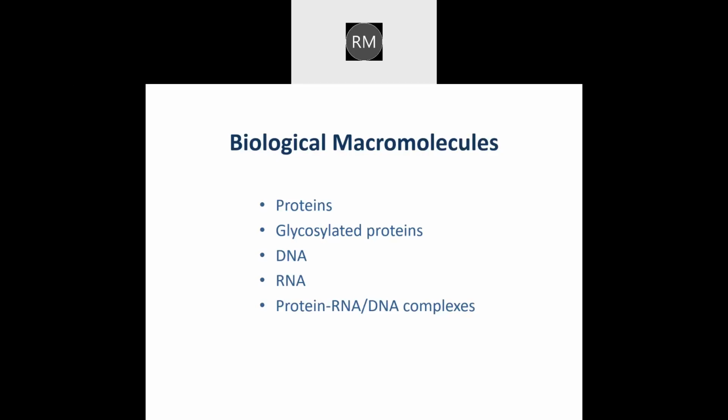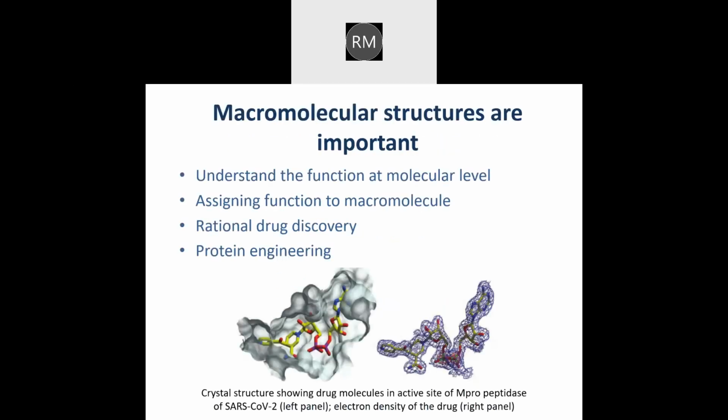Same thing, the protein structures have also given inputs on the function of the proteins. For example, hemoglobin, how it carries the oxygen and how it carries back the carbon dioxide, and different other important protein structures. So as I told you, understanding the function at the molecular level is very important.